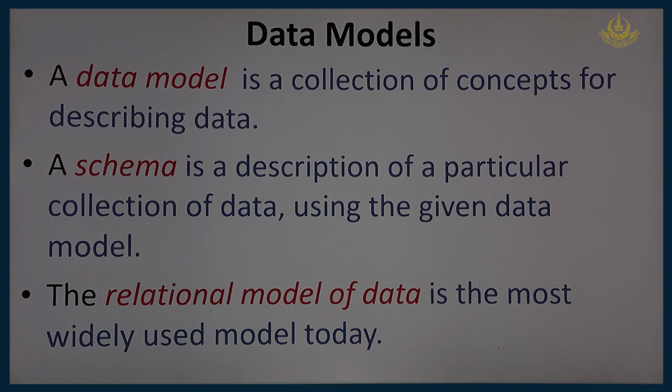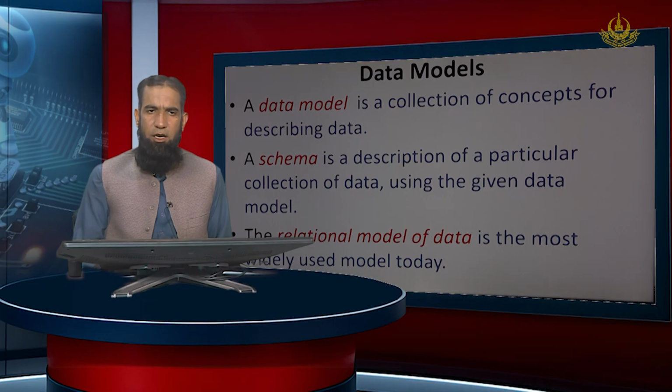A schema is a description of a particular collection of data using the given data model. For example, if we are going to discuss only those things relevant to students, in that schema we show the student and its relevant or attached entities.